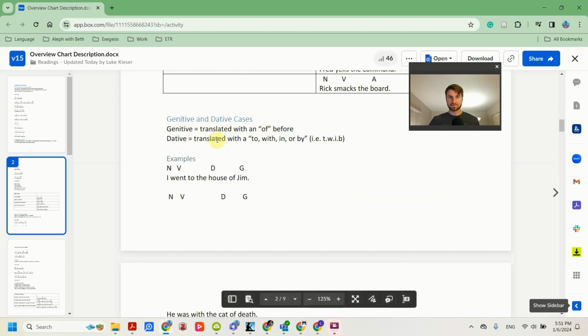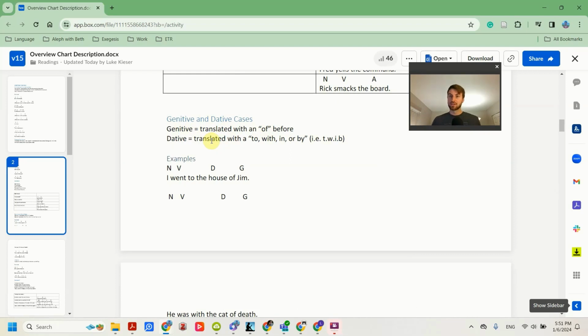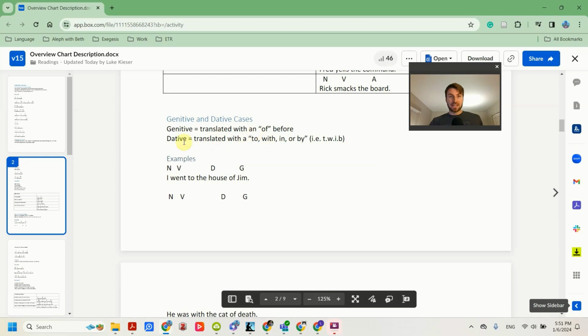And dative is often the indirect object, to whom or to what you do an action. If I had said, I give to him a letter, to him is the indirect object, where letter is the direct object. Dative is translated generally with to, with, in, or by. And it's not always indirect object, but that's a common use.